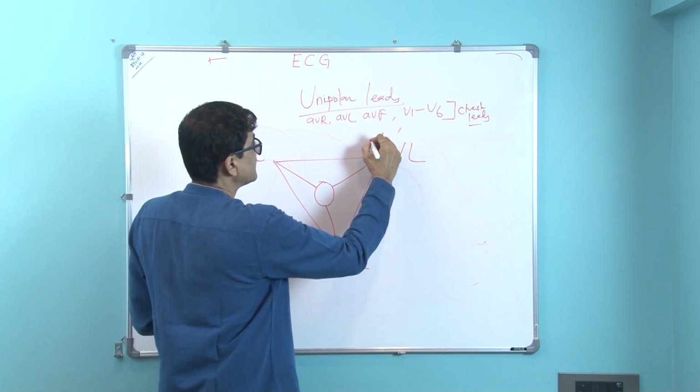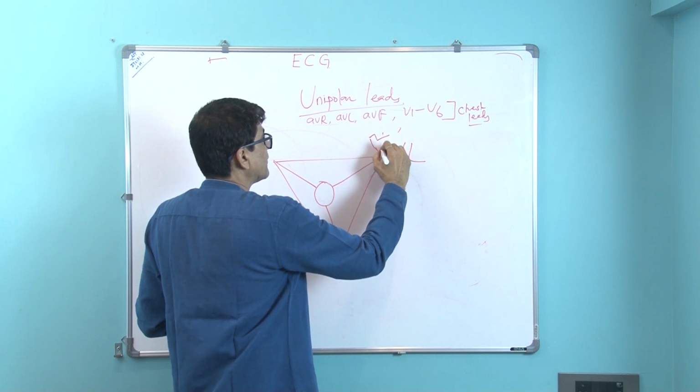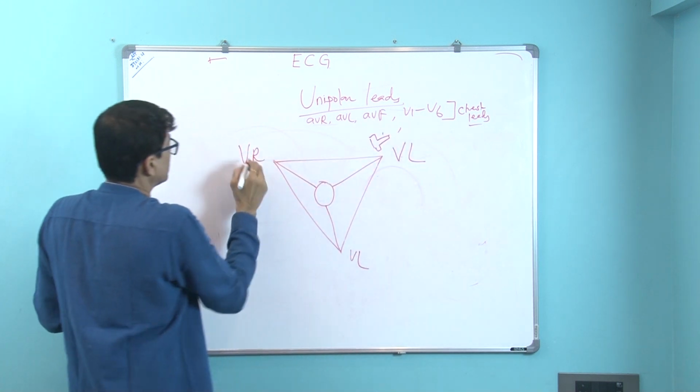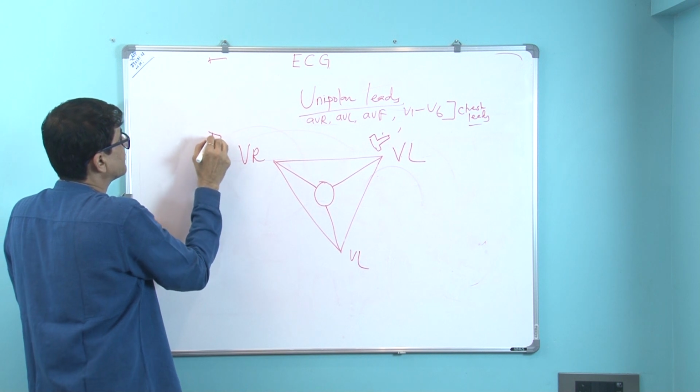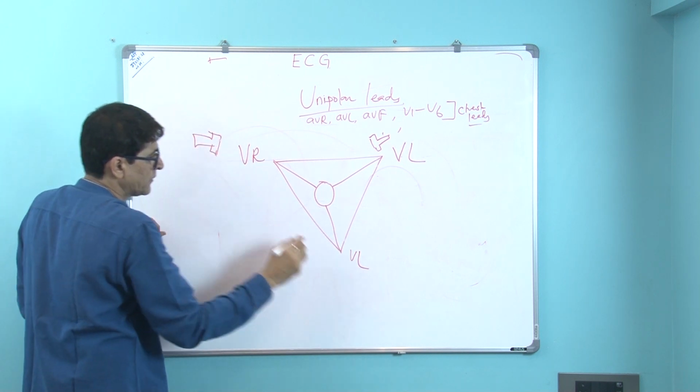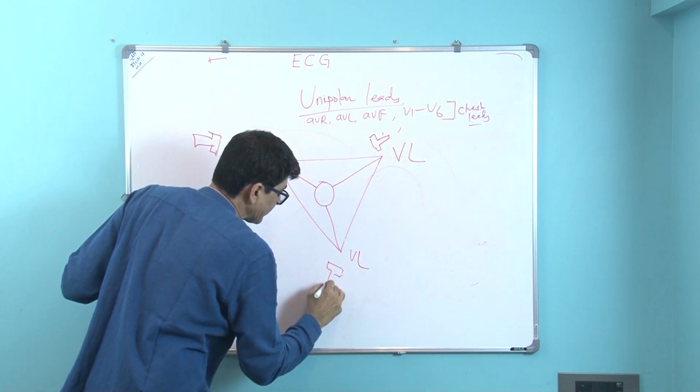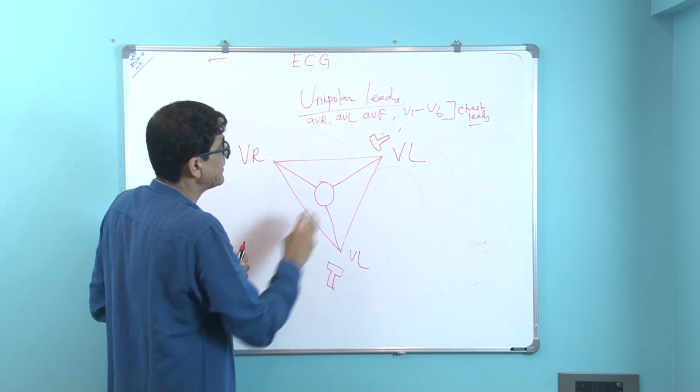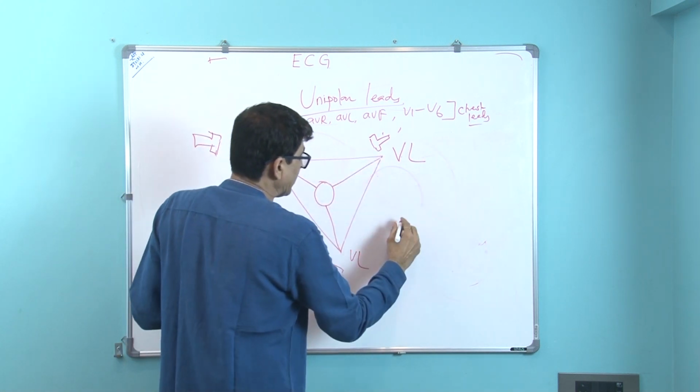This is your left arm, this is recording at the right arm, this is recording at the left leg. Now, this is the exploring electrode.